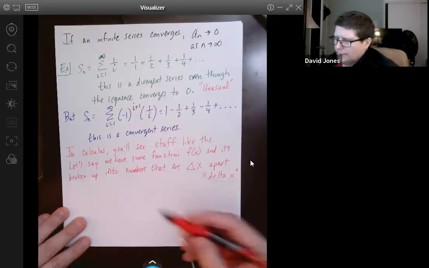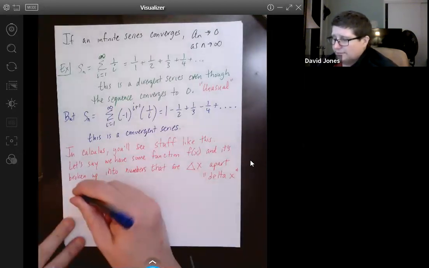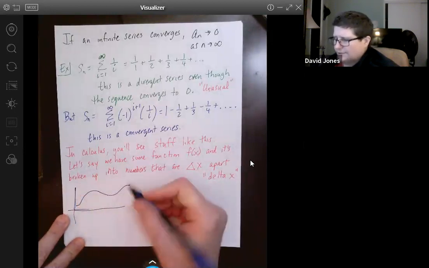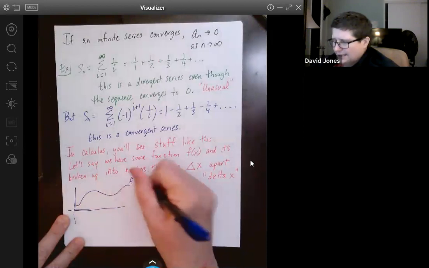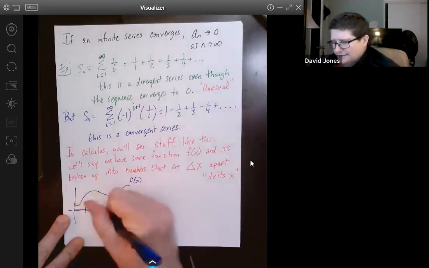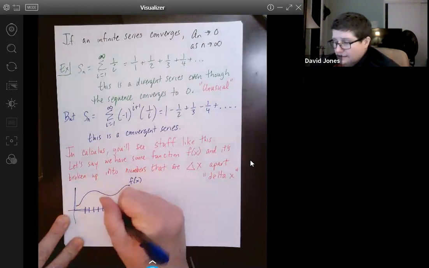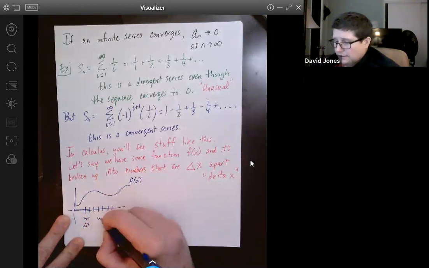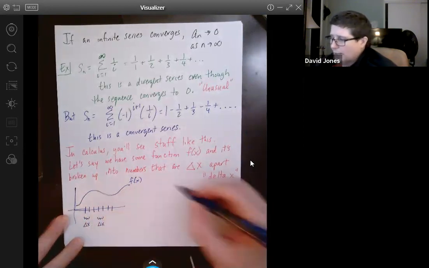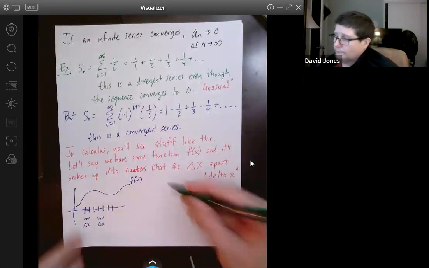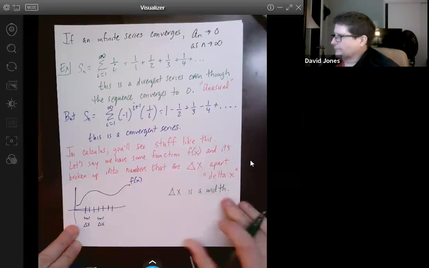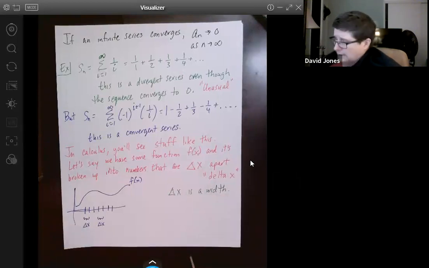So remember, like f of x, we could do some graph like this. That's f of x. We're doing x's right down here. Our x values are all delta x apart. So delta x is a width. And you'll look at doing summations of these.